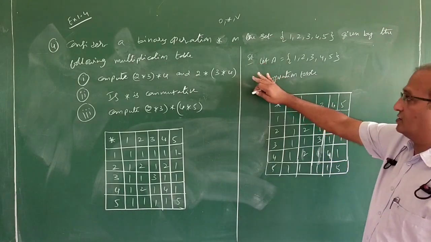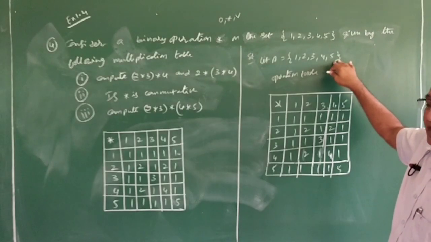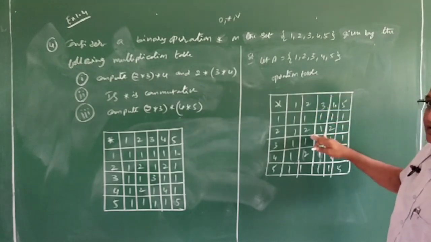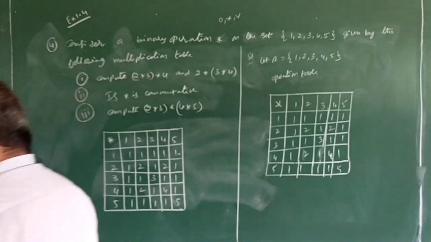While writing the notes also, write like this: given, let this set be A and the operation table is like this. Then, according to the problem, see what they are asking here.